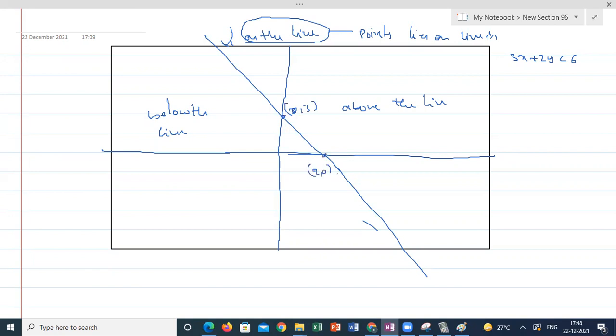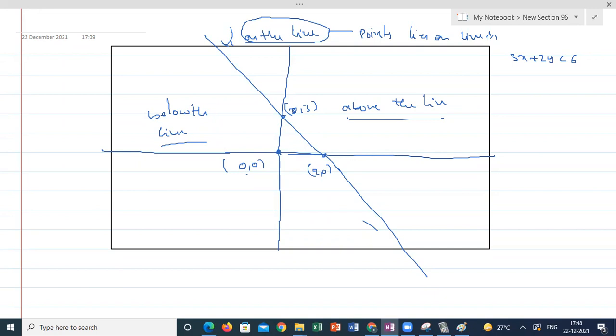You have to check whether points above the line or below the line can satisfy this expression. Below the line is 0, 0. If it is not satisfied, that means the points above the line are solutions. If it is satisfied, the points above the line are not solutions, because less than means only one region of the points should satisfy the inequality.